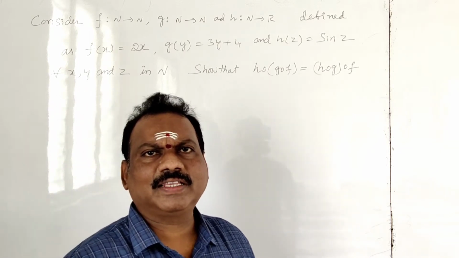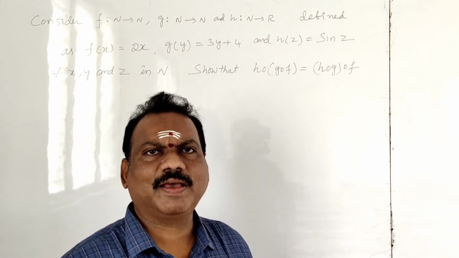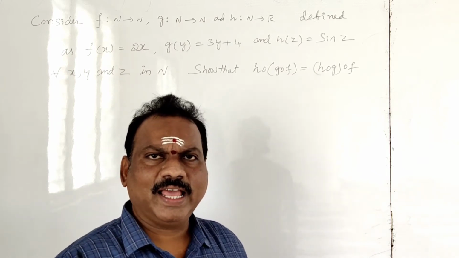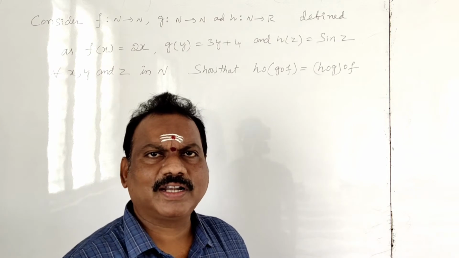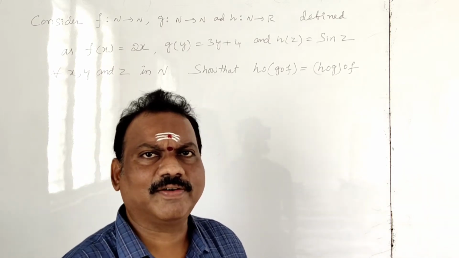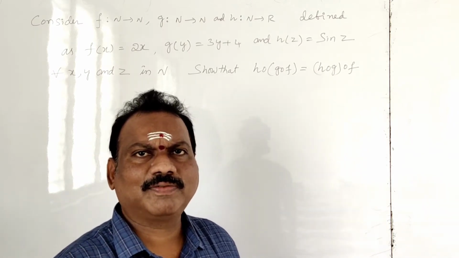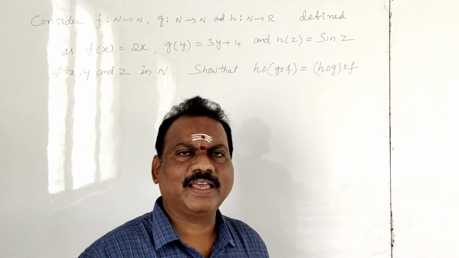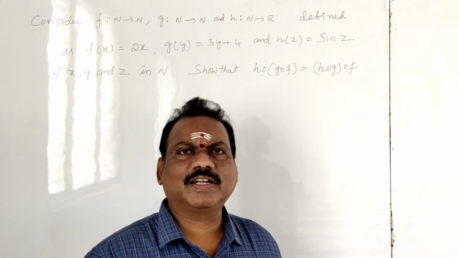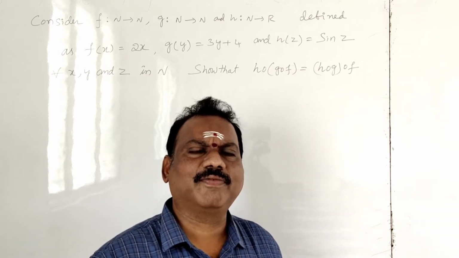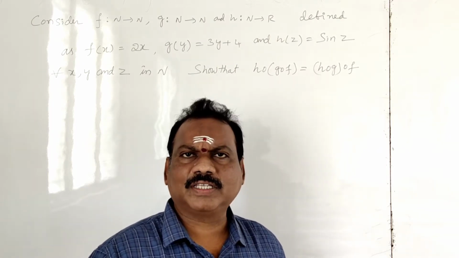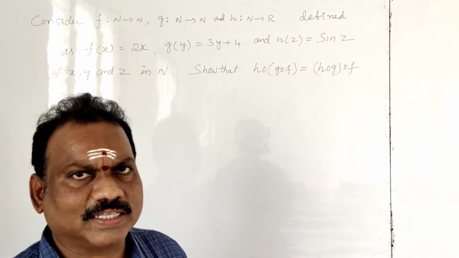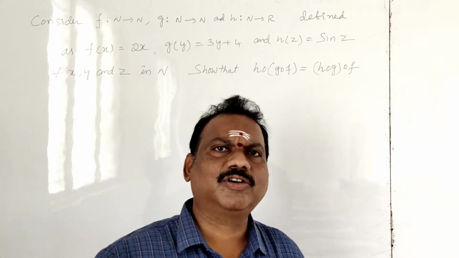That's why, when the given definition is f mapping from A to B and g mapping from B to C, the composite function exists only for g circle f. Why? Because the domain of g is equal to the codomain of f in that case. That's why the composite function in that case is g circle f, which is mapping from A to C. I told you the formula: g circle f is equal to g of f of x for all x belonging to the domain.